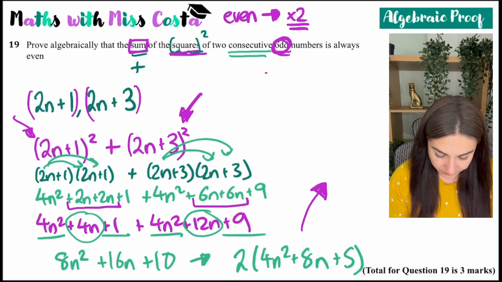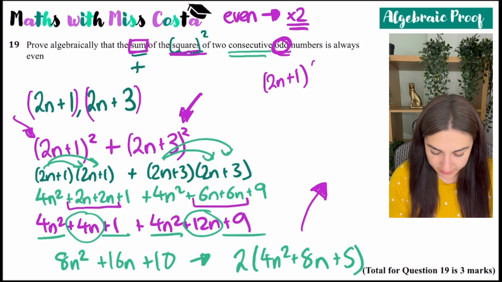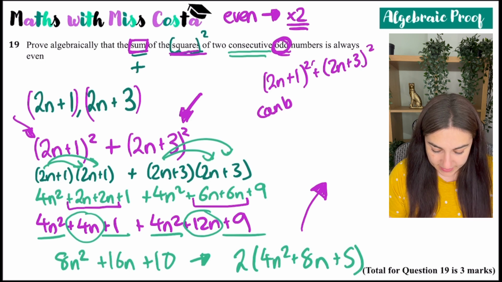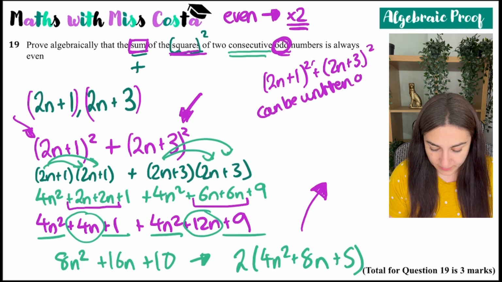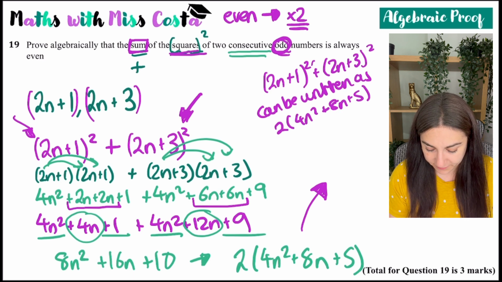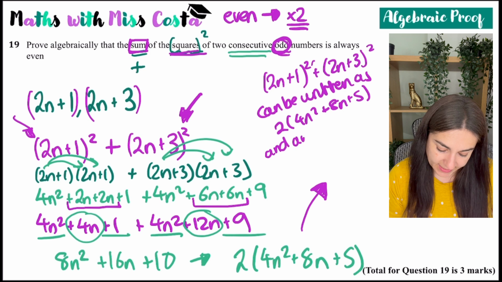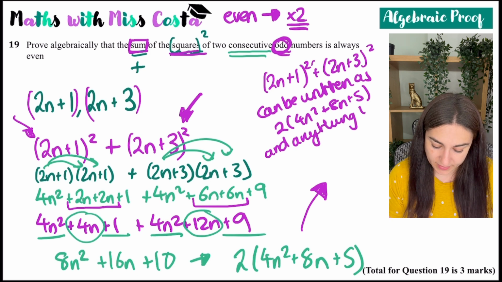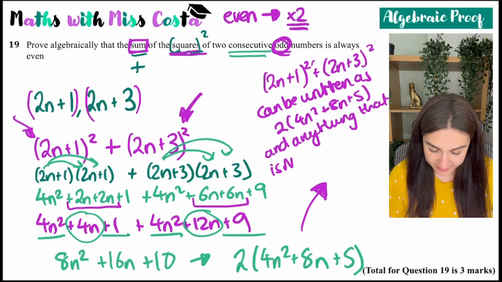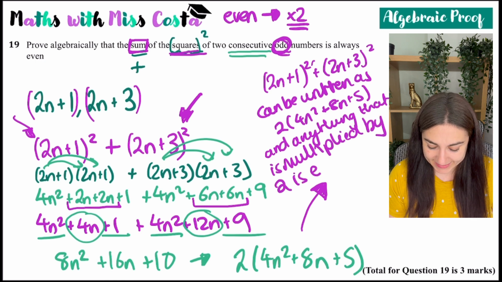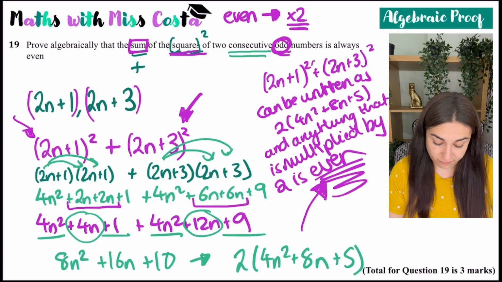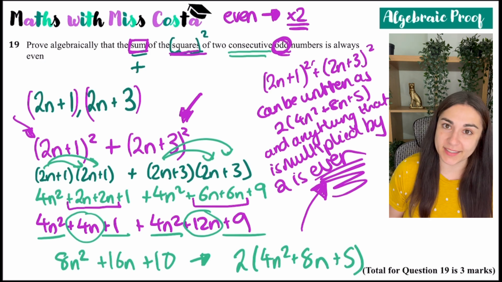You could say (2n plus 1) squared plus (2n plus 3) squared can be written as 2 times (4n squared plus 8n plus 5), and anything that is multiplied by 2 is even. Therefore, I have proved it algebraically.